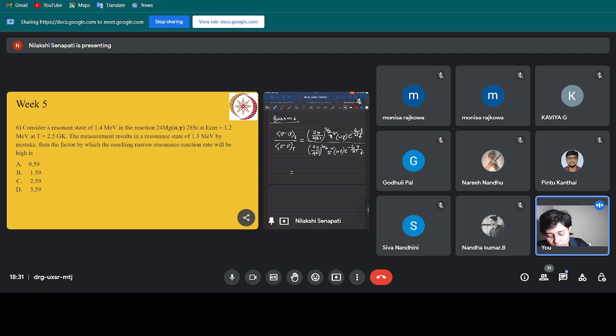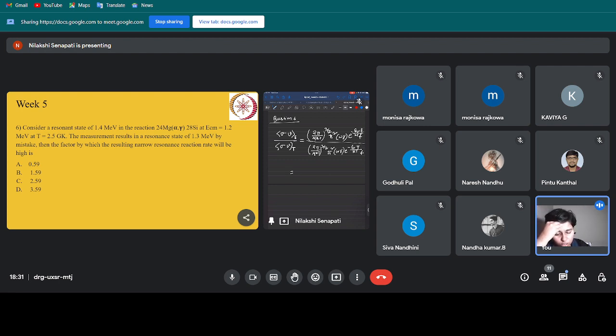I'm denoting it with E and T because the energy, temperature is also a term of energy, and the mistake was there. Just as it is given as T equal to 2.5 gigakelvin, it is just the notation that I am writing with.